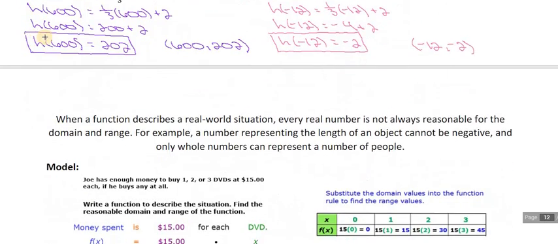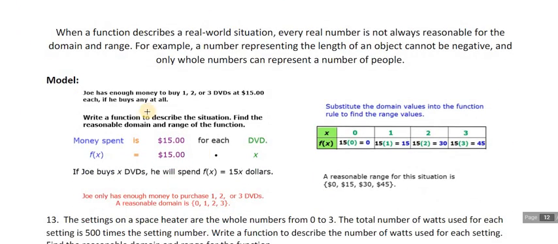And finally here, to wrap things up, we're going to bring in a real-life situation. Sometimes when we're dealing with real-world situations, we can't necessarily use every real number as a reasonable domain and range. For example, numbers of people or numbers of DVDs are only going to be whole numbers.